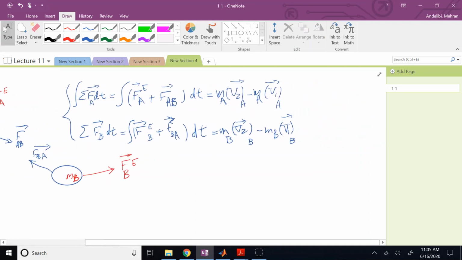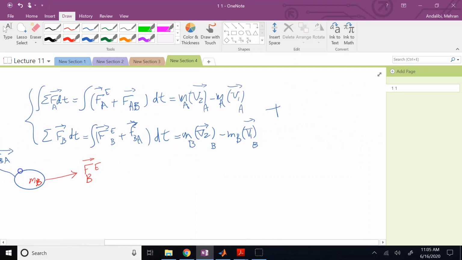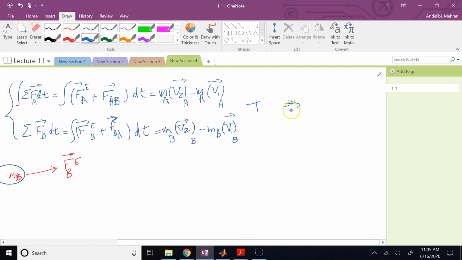Now I sum these two up. What do I get? When I sum them up, the left-hand side will be FA external plus FB external, and then these two would cancel out, right? Because they are action and reaction, and I'm integrating versus time, so I can add them first and then integrate versus time, and the addition is 0.